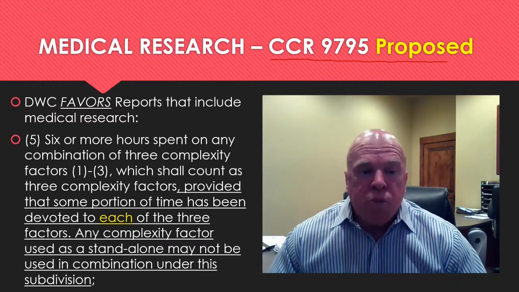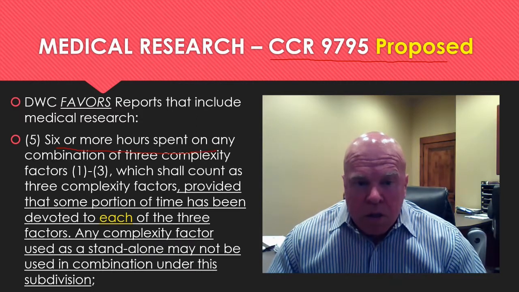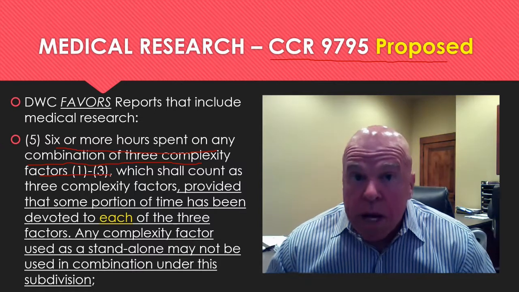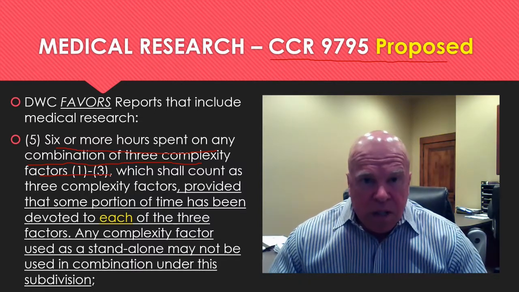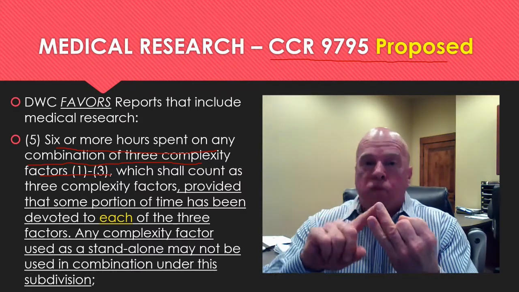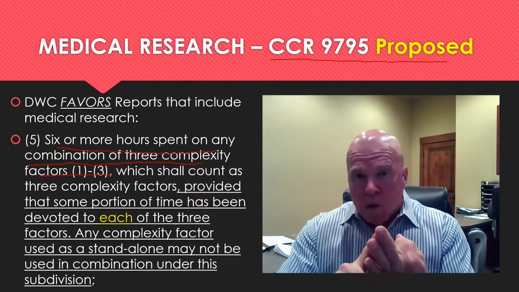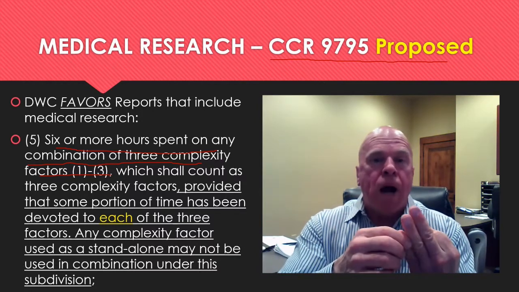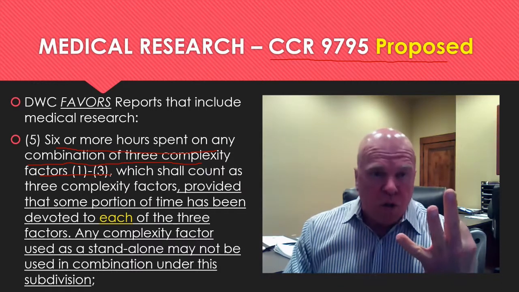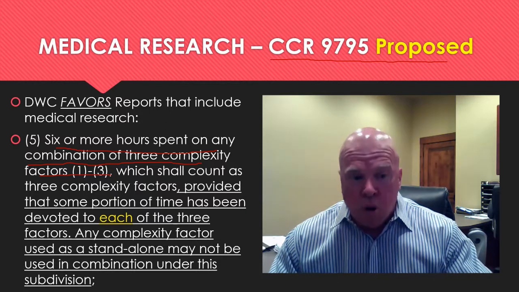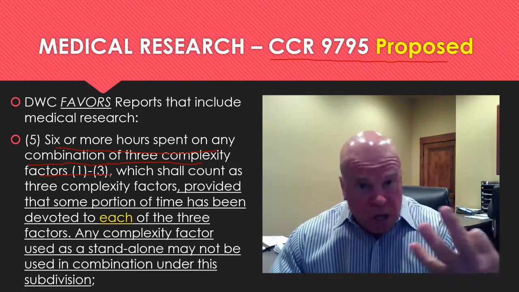we're required to spend 6 or more hours on any combination of the 3 complexity factors which are described in ML 103. So to review, the 3 complexity factors described in ML 103 are face-to-face time, review of records time, and medical research. So if we accumulate 6 or more hours on any combination of those 3, then those qualify as 3 complexity factors.